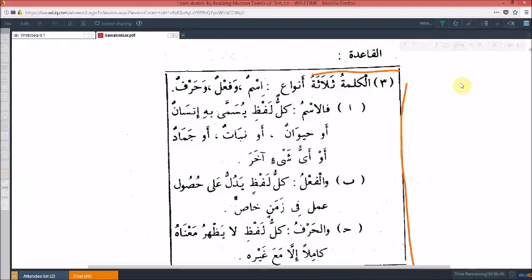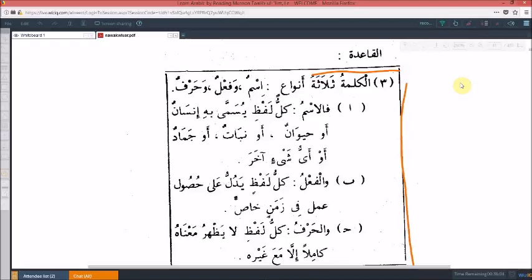Lafdh could be word here, but it also could be pronunciation. So every word which names with it, insan, a person, or hayawan, an animal, or nabat, a plant, or jamad, an object, or any other thing. That's an ism. A word which names something.